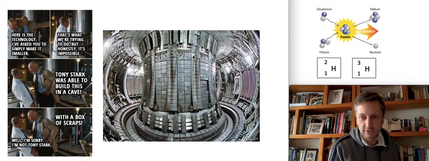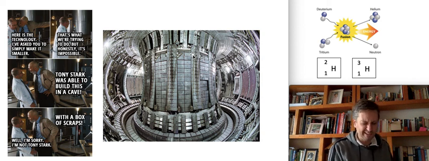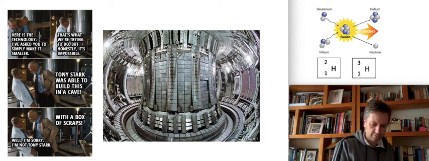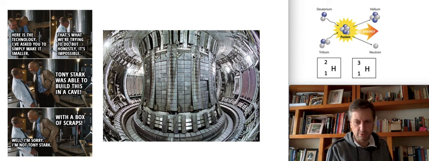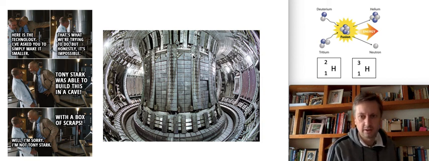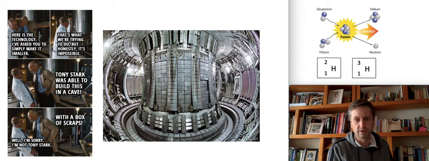Let me finish with a story. When I was about your age, in 1989, I believe, two researchers called Fleischmann and Pons released a statement where they said they'd managed to achieve cold fusion. In other words, they'd managed to achieve hydrogen fusion at room temperature.